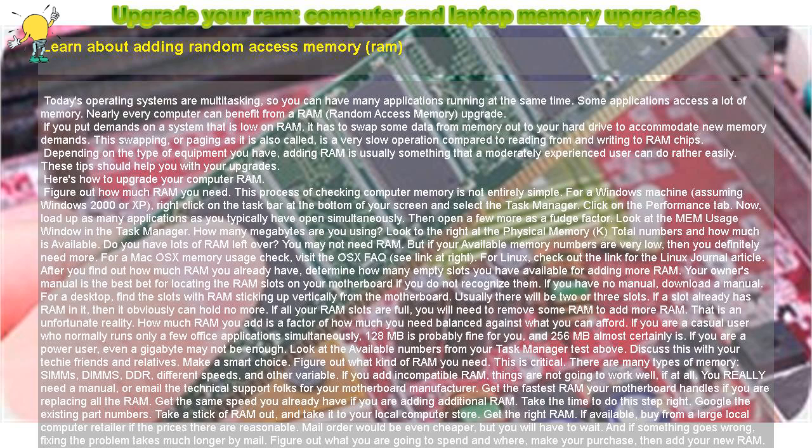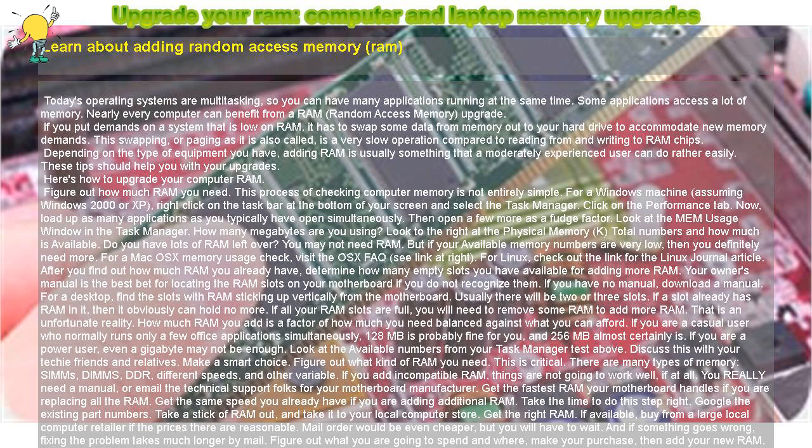After you find out how much RAM you already have, determine how many empty slots you have available for adding more RAM. Your owner's manual is the best bet for locating the RAM slots on your motherboard if you do not recognize them. If you have no manual, download a manual.